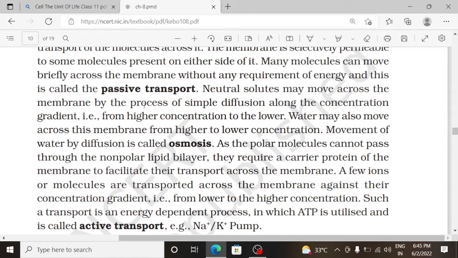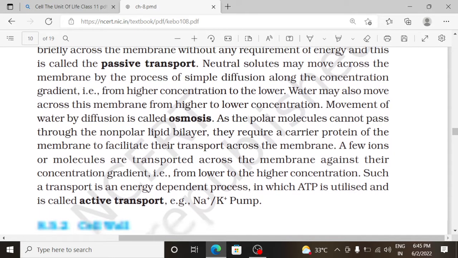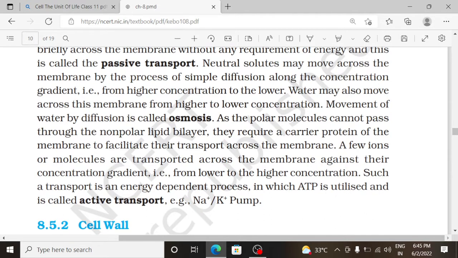Neutral solutes may move across the membrane by the process of simple diffusion along the concentration gradient, that is, from higher concentration to the lower. Water may also move across this membrane from higher to lower concentration. Movement of water by diffusion is called osmosis.